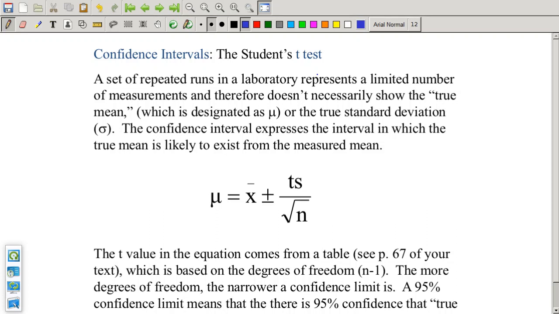When I first started teaching confidence intervals for the t-test, which this equation represents, I was essentially using the t-test as a way of representing absolute error for a given set of data. And that's one way that it can be used.